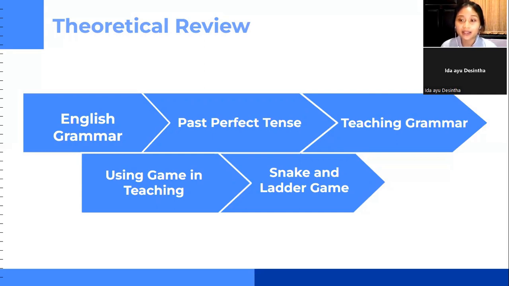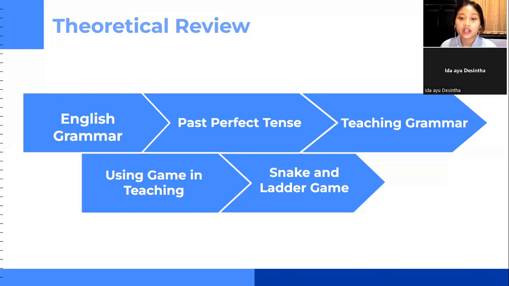Next, I will explain the theory related to teaching grammar, which is also supported by other experts' opinions. And in this part, I also explain the students' difficulty in learning English grammar, which is also supported by other researchers.